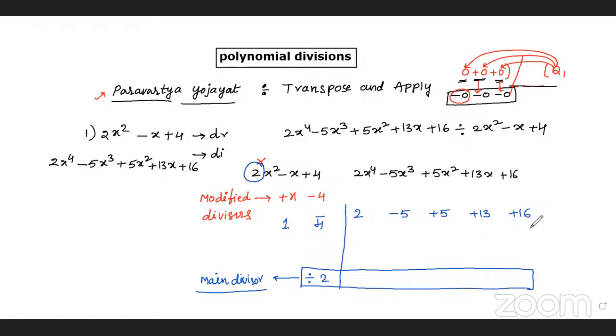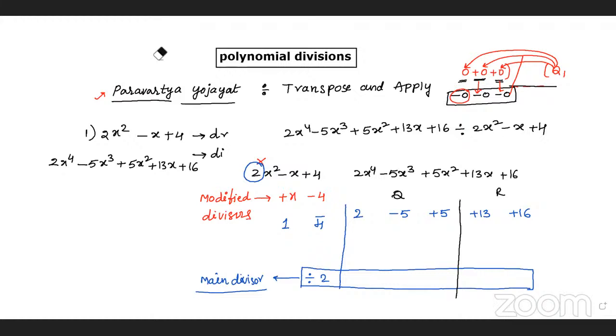Start from the constant term and count 2 digits. Why? Because we have only 2 modified divisors. So start from the constant: this is 1, this is 2. After that, draw a vertical line and separate the two parts. One indicates the quotient part, the other indicates the remainder part. Is it clear?